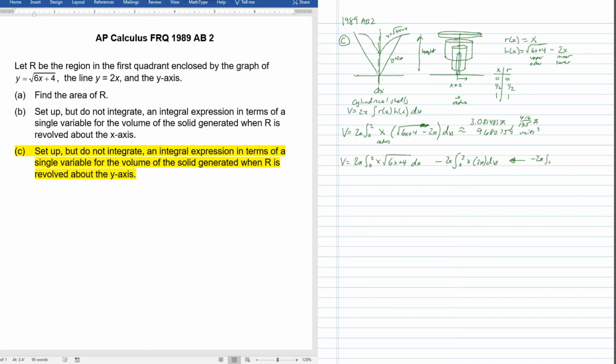It's negative 2 pi times the integral of 2x squared dx, which is negative 2 pi times 2/3 x cubed from 0 to 2, and this works out to be negative 32/3 pi. So this piece is already worked out. I was never too concerned about doing the integral of that piece.